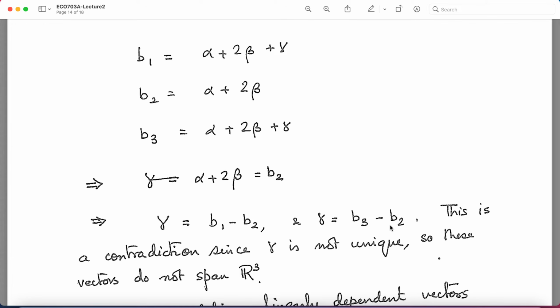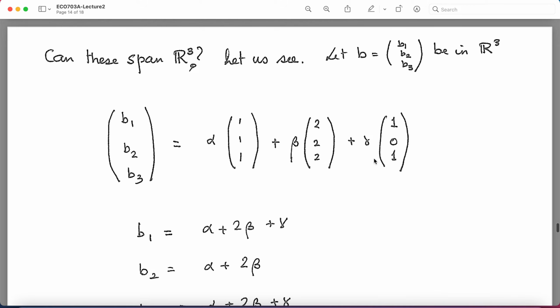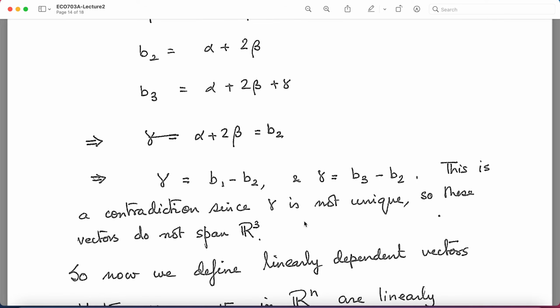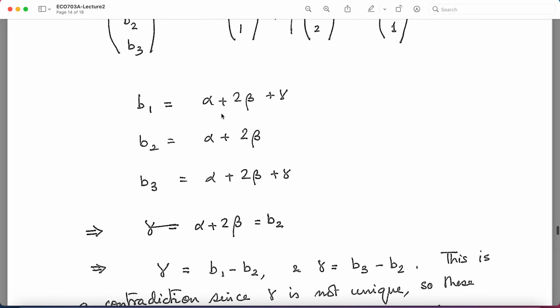So, basically here gamma is not unique for given B1, B2, B3, because B1 is alpha plus 2 beta plus gamma, so B1 is nothing but B2 plus gamma, and B3 is nothing but B2 plus gamma.